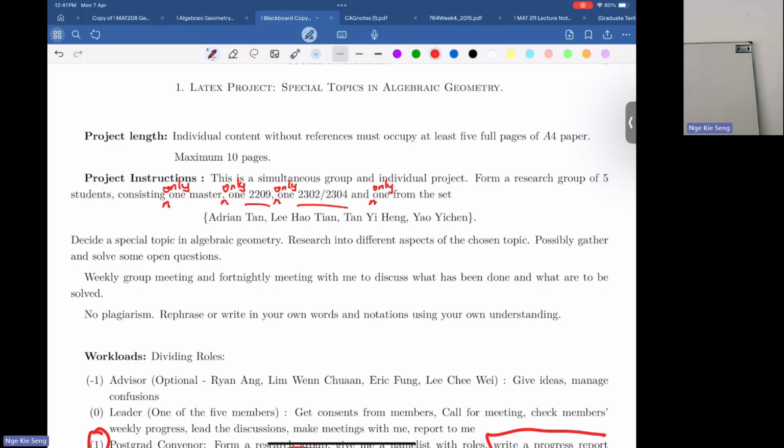Actually, I specify it here, but sometimes things happen. So I used to check their draft and communicate with them during their project. But this time, I think I won't check drafts because I don't have time. So I'll make sure you have good collaboration between you. I will just have a meeting with all of you.